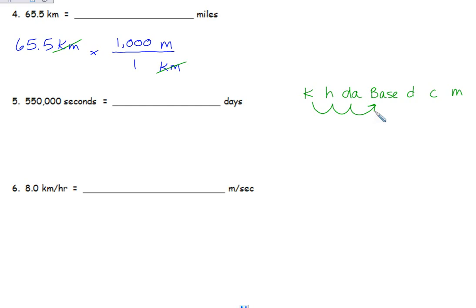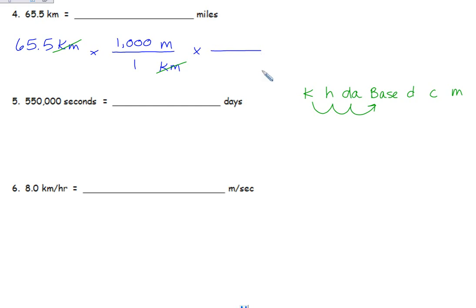So you could skip that proportion and just start with 65,500 meters if you wanted to. But somehow I need to get this into meters, because that's the only way I can get from metric to English. I guess there's centimeters in there too, but let's use this meter to yards.